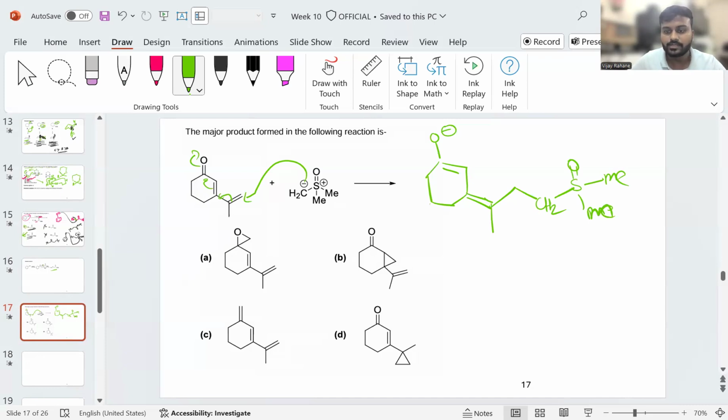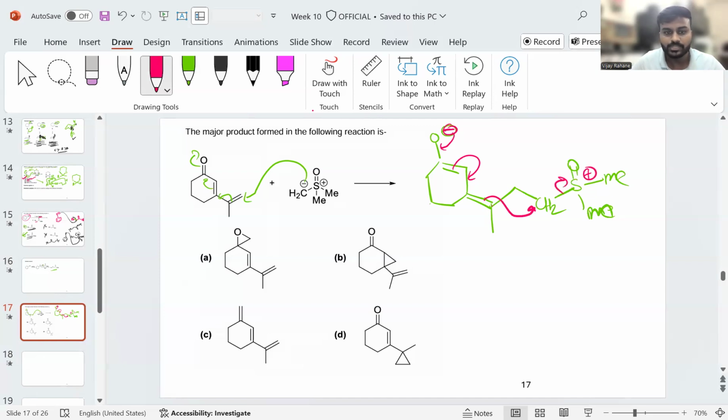Now, if you look at this one, this O negative will come back to here. This double bond moves to here, and once the double bond moves, this negative charge through this carbon, sorry, this lone pair.